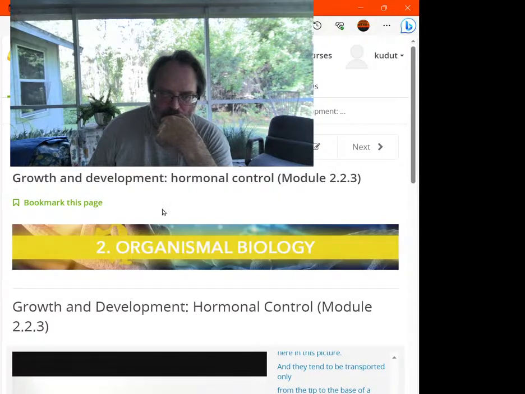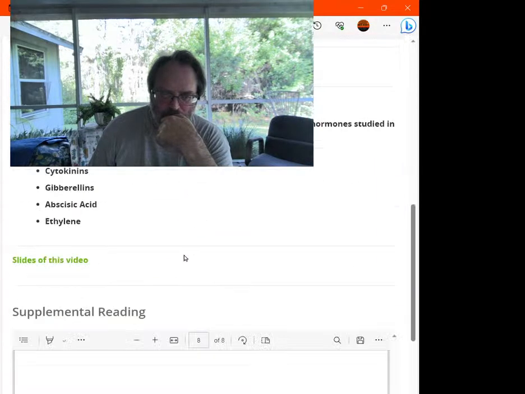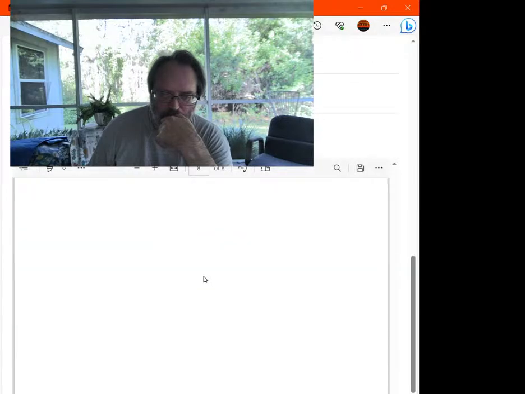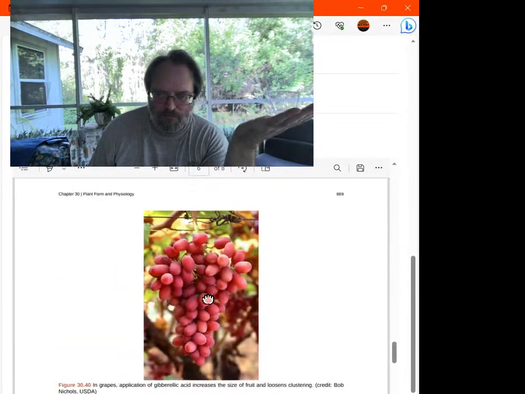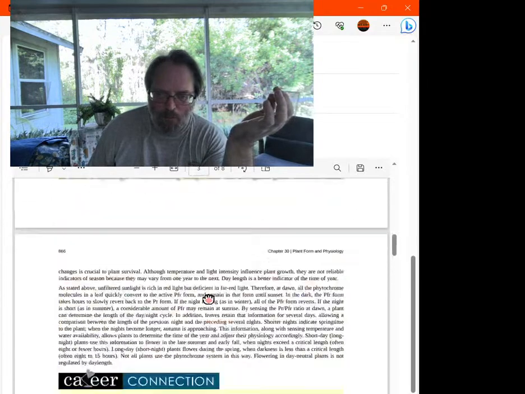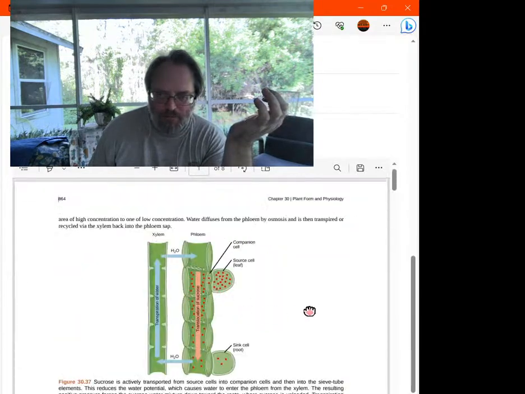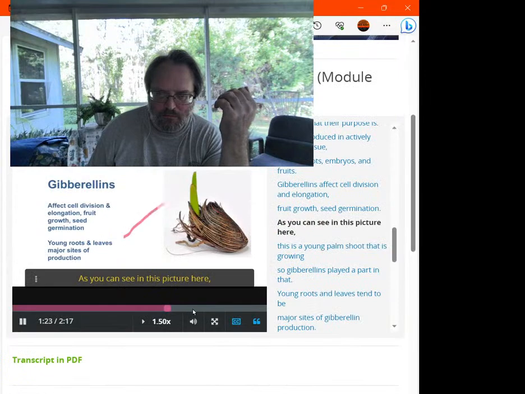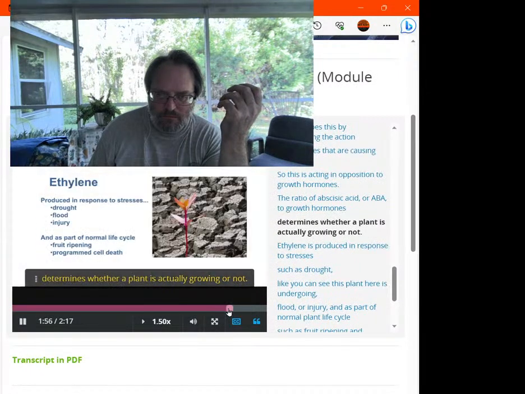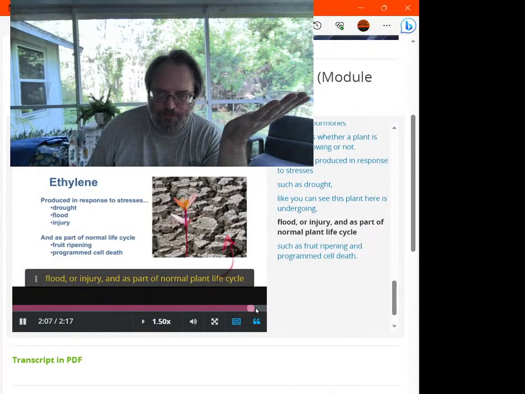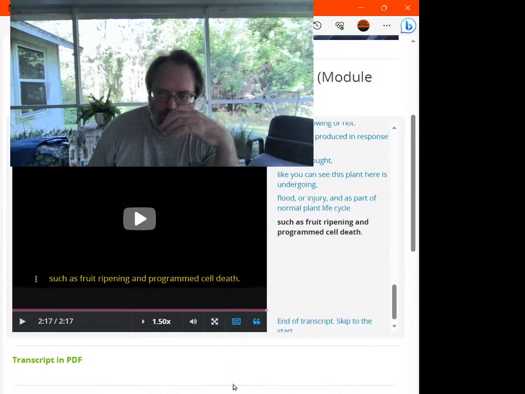Cytokinins stimulate cytokinesis. It makes it easy for you to remember what their purpose is. They're produced in actively growing tissues such as roots, embryos, and fruits. Gibberellins affect cell division and elongation, fruit growth, seed germination. So as you can see in this picture here, it slows the growth of plant tissue or injury, and such as fruit ripening.